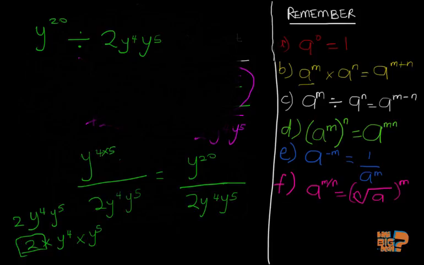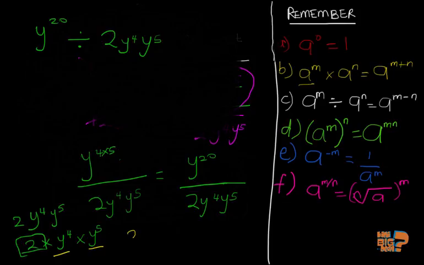But if you remember your law in yellow, that says a raised to power m times a raised to power n is equal to a raised to power m plus n. So look at this now. Y raised to power 4 times y raised to power 5. What do we do? We add the indices.